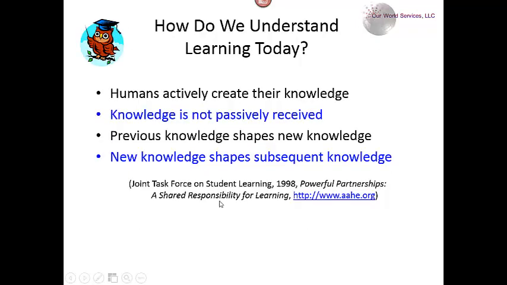So how do we understand learning today? We know that humans actively create knowledge. Knowledge is not passively received. Humans have to be a part of creating their knowledge. We know that previous knowledge shapes new knowledge. You build upon what you know and upon what other people know. We know that new knowledge shapes subsequent knowledge. It's a stepping stone.